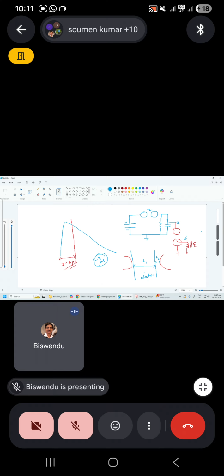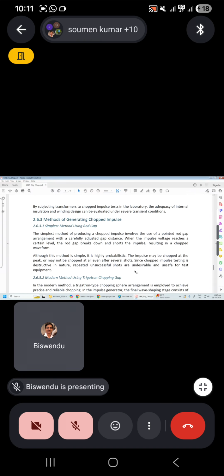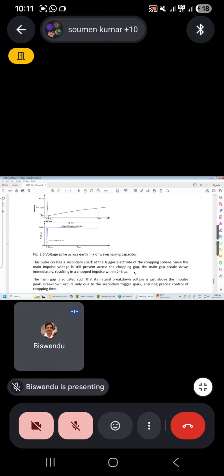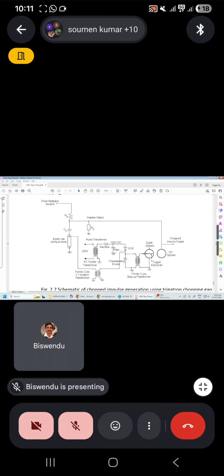How is it possible? It cannot be possible in an ordinary circuit. It is possible here in this electronic circuit. If you see, this is the circuit we want to discuss today. This is very simple.